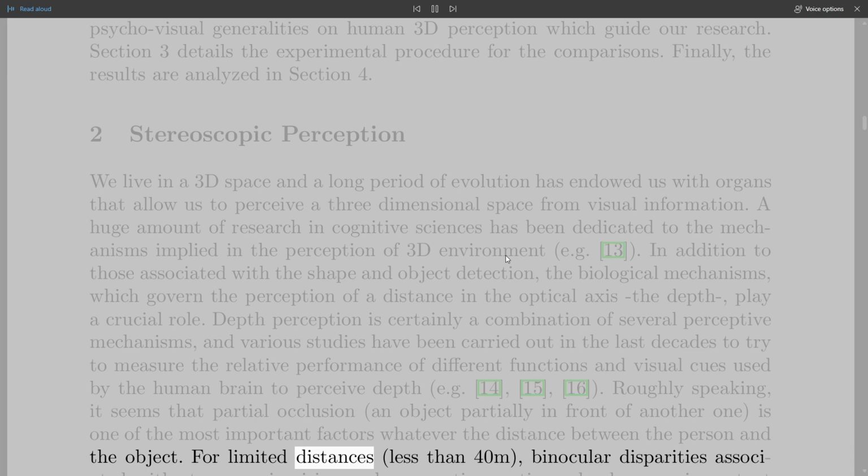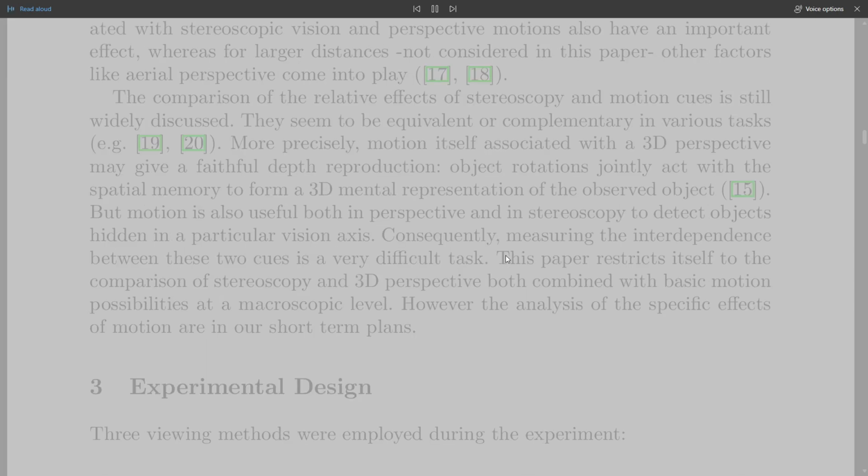For limited distances, less than 40 m, binocular disparities associated with stereoscopic vision and perspective motions also have an important effect, whereas for larger distances not considered in this paper, other factors like aerial perspective come into play.